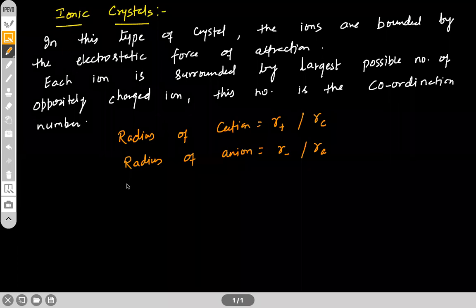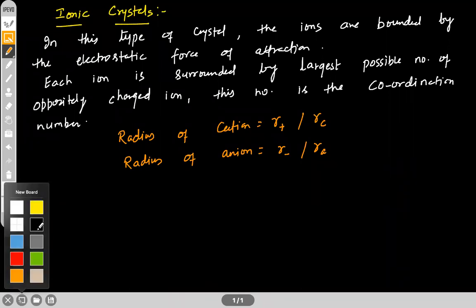Okay, so what is that radius ratio? You write it down here. So write down first of all, here we have a radius ratio. This is coordination number.